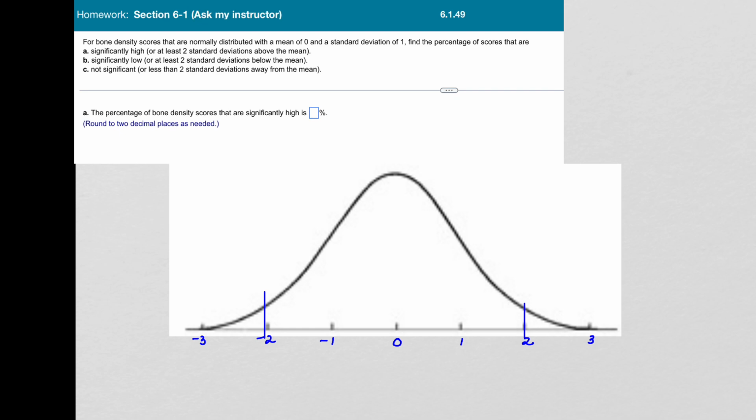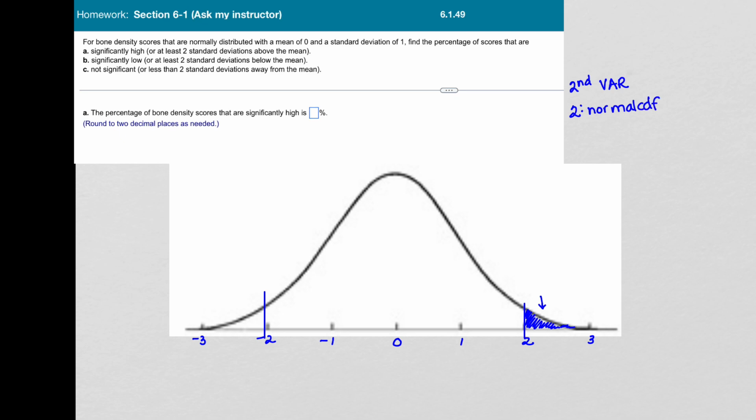So we want to know what percentage of scores are significantly high, and that's going to be the scores above 2 standard deviations above the mean, or above a z-score of 2. To calculate this, we're going to go to the graphing calculator, press second and variables, and choose number 2, normal CDF.